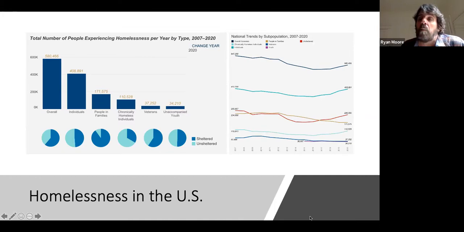Obviously, when we talk about poverty, the most visible and the most extreme manifestation that we see, and we certainly see a lot of it here in the Bay Area, is homelessness. And these charts basically suggest you have about 500,000 people who experience homelessness across the country every year.